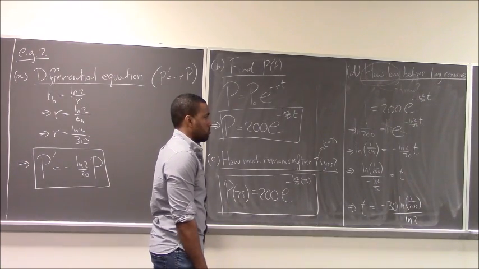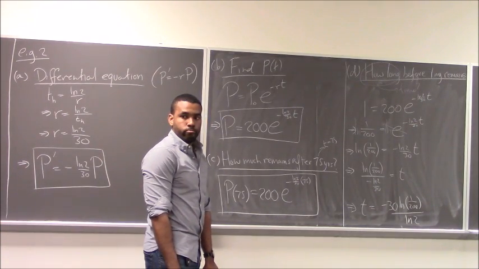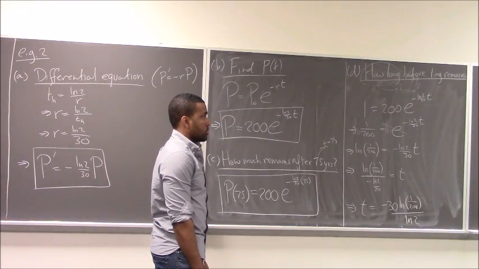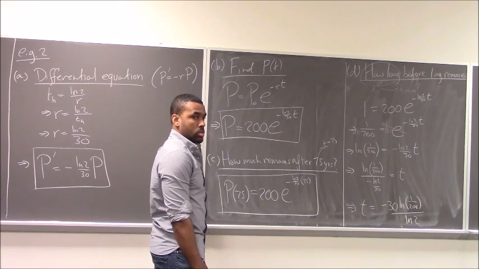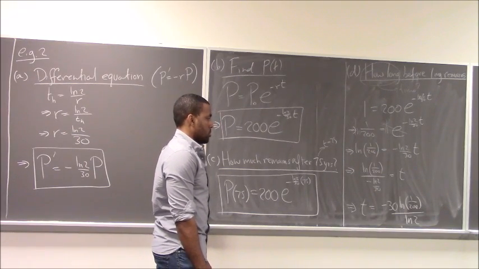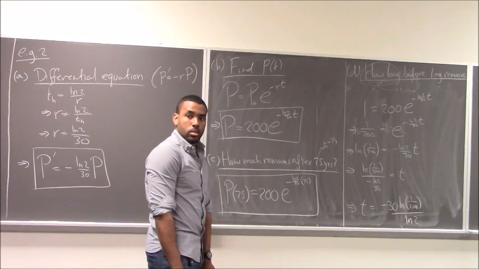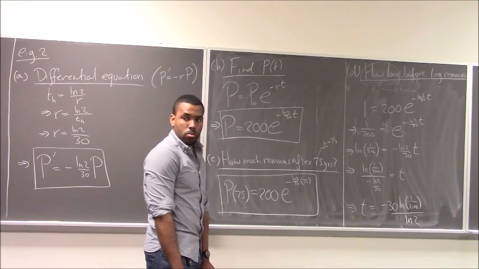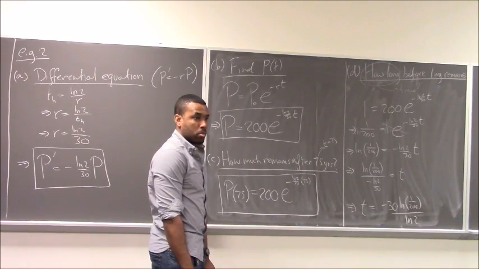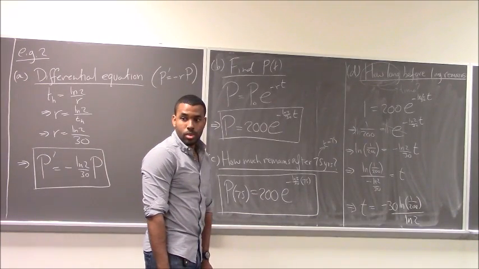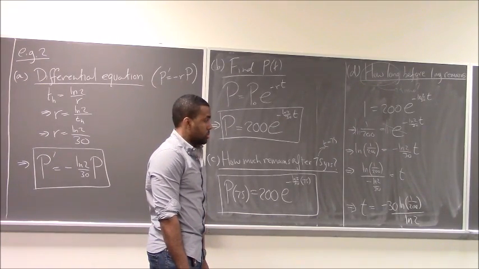Did we make a mistake? This time can't be negative, right? ln of 1 over 200 is negative 5 point something.